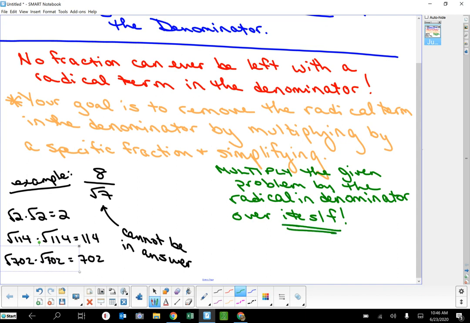Okay, so we're going to multiply by a fraction. That fraction is going to look like whatever radical's in your denominator, that's going to become my fraction. Okay, so rad 7 over rad 7, this is 1. It's a weird looking 1, but it's a 1, right?